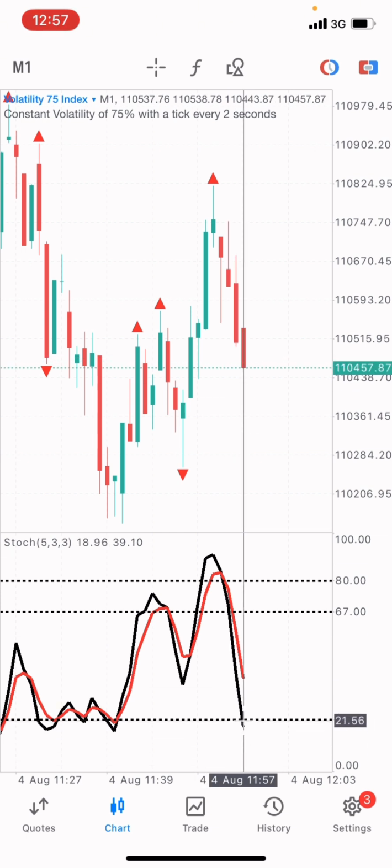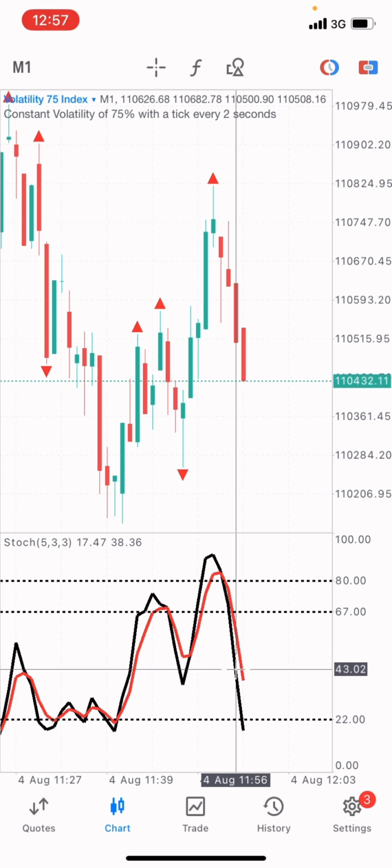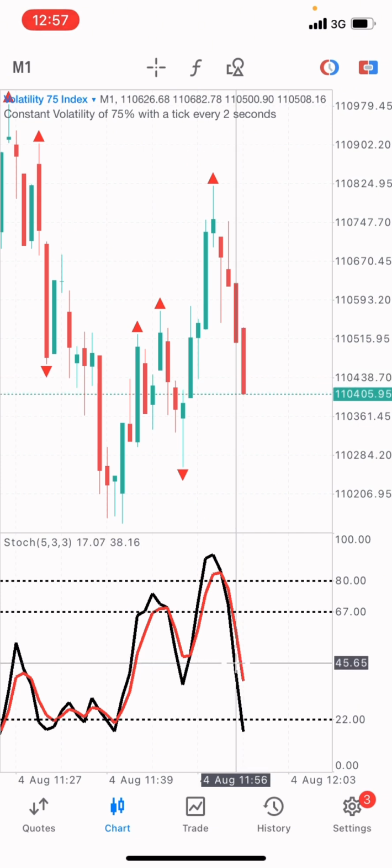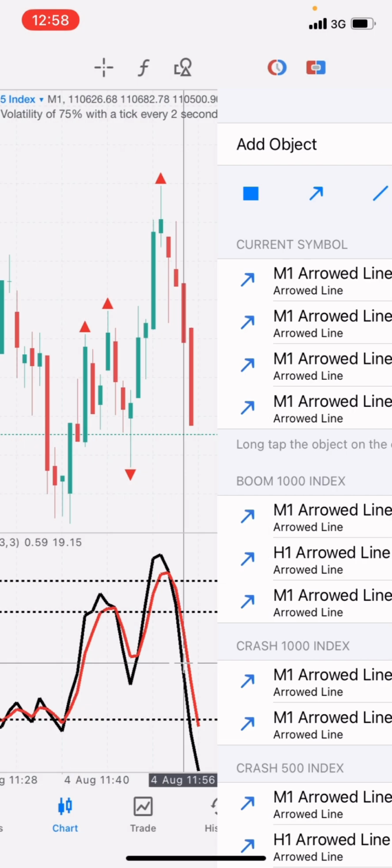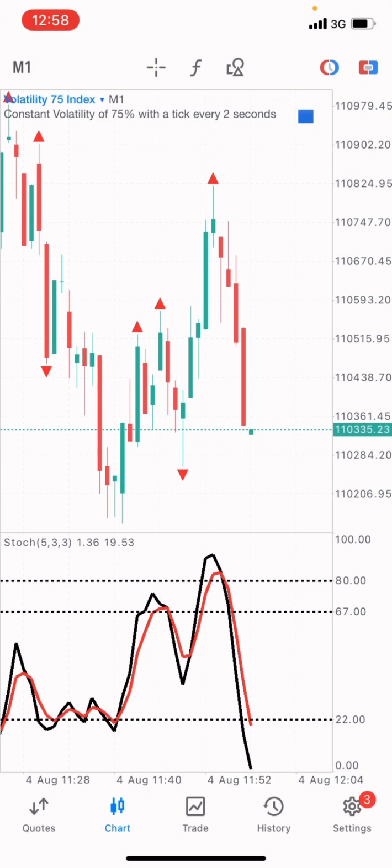Take a look at that. When this black line, which is the stochastic oscillator, curves upwards and crosses above this red line, the market will start to buy. Before that happens, you need to see a signal for a buy, meaning the market needs to start buying. This is where you add this object, the square, at this point.